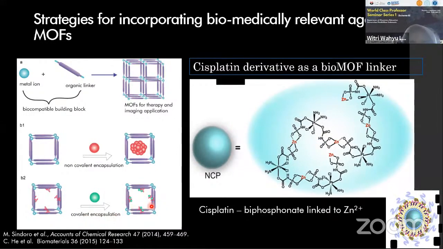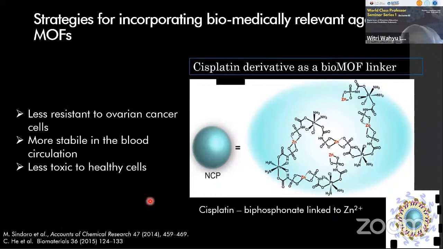What is interesting here is that if we connect cisplatin, an anti-cancer drug, it has less resistance in ovarian cancer cells, is more stable in blood circulation because it is connected to this polymer, and has less toxicity to the healthy cells.